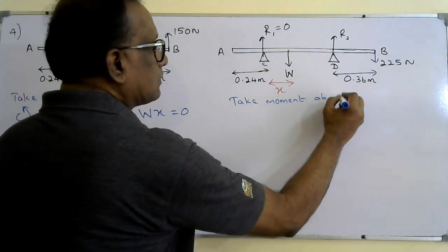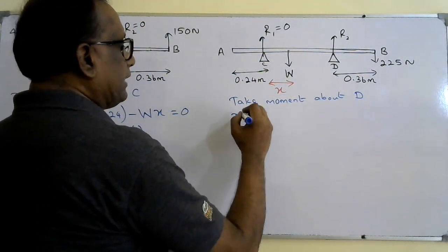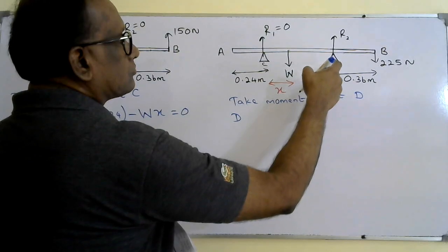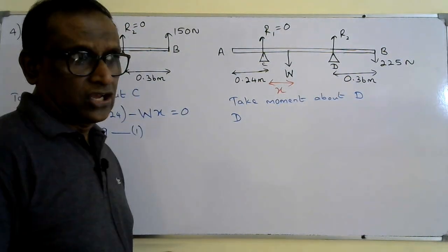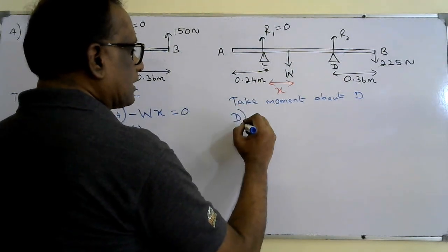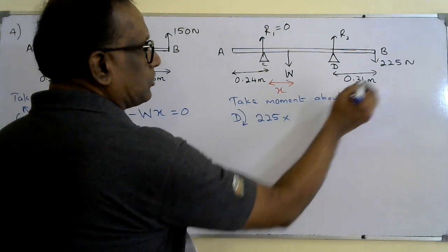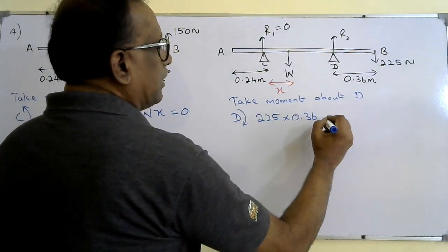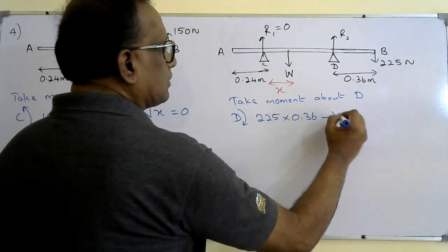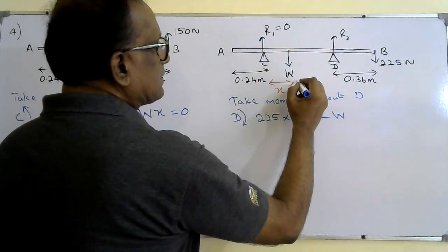We'll take moment about D, in the clockwise or anti-clockwise direction. Anyway, I'll take it in this direction. So that is 225 into 0.36 minus W into this distance we need.